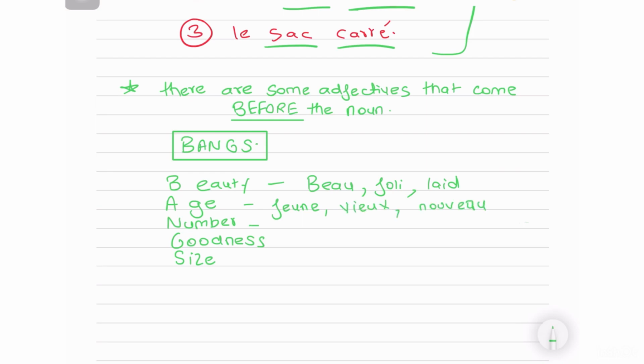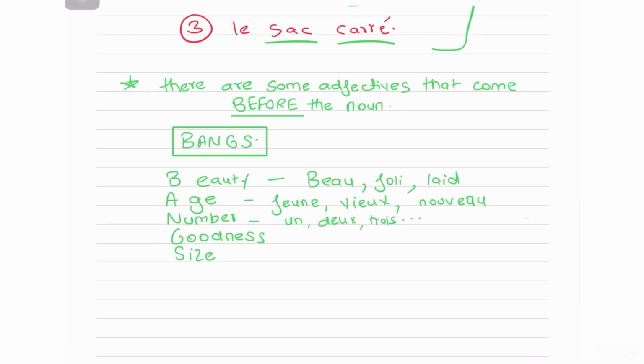In terms of number, obviously that is our counting, 1, 2, 3. These are your cardinal numbers. Then we also have rank, that is ordinal numbers, like first, second, third, fourth, and that also comes under number. So première, deuxième, troisième, all of those are adjectives that come before a noun. And finally, dernière, that is last.